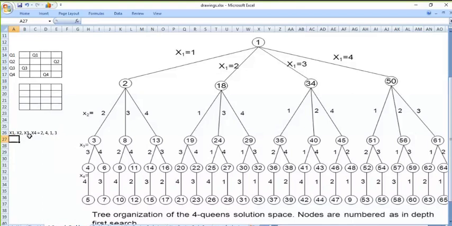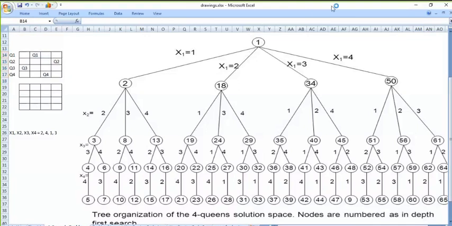assuming that x1, x2, x3, x4 are on different rows like this, these positions give us one of the solutions wherein none of the queens is in an attacking condition. So all queens are placed in the safer zone. This is one of the solutions which we can get by drawing the state space tree.